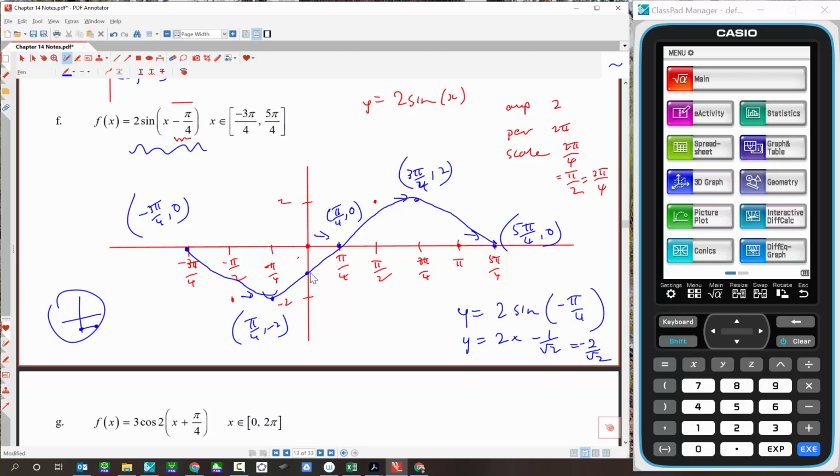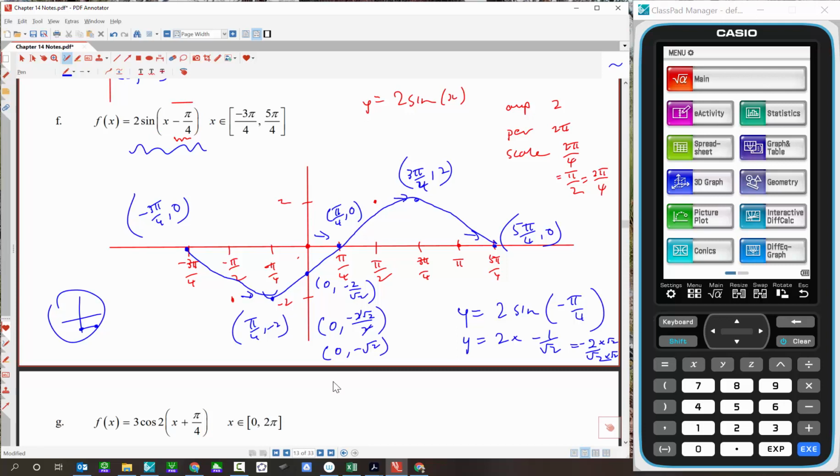Okay. So this value here, the y-intercept, we're going to say that when x is 0, y is negative 2 on root 2. I've seen that often simplified, so if we rationalize, root 2 over root 2, that'll give us negative 2 root 2 over 2, and those 2's cancel out to give us 0 comma negative root 2.